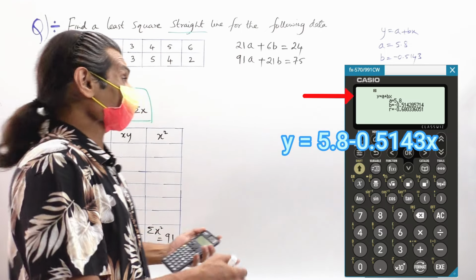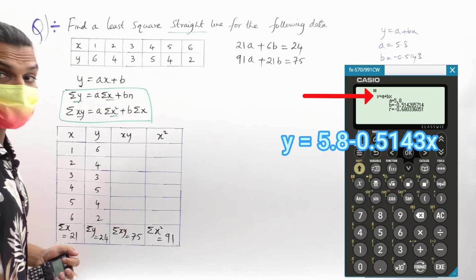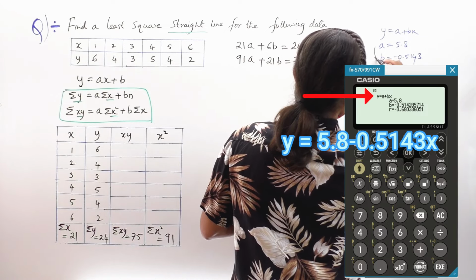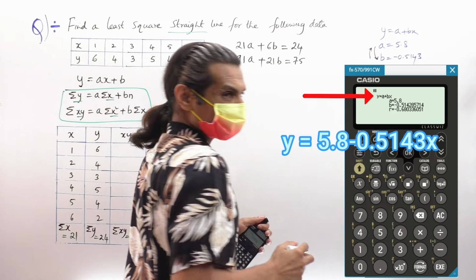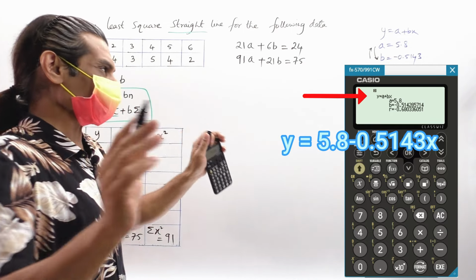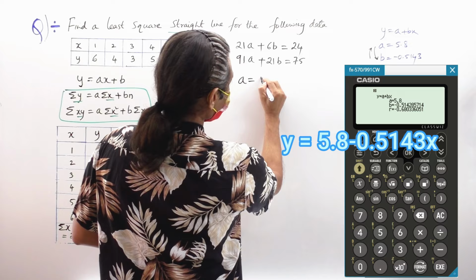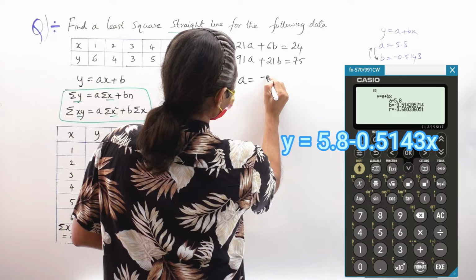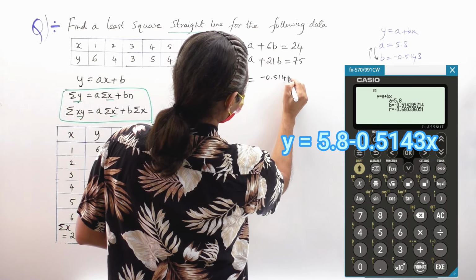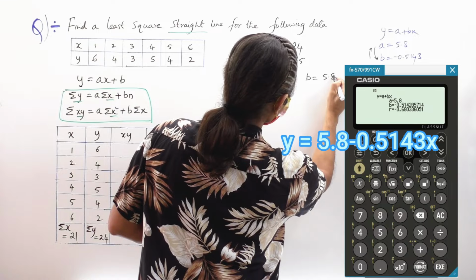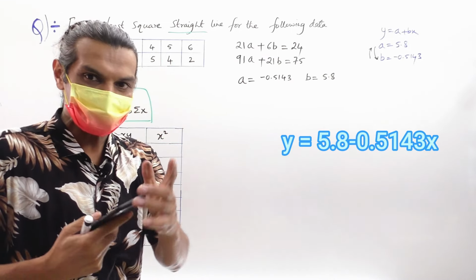But since you have taken y is equal to ax plus b, simply a will become b and b will become a. That's it. Therefore, by solving this, we have a is equal to minus 0.5143 and b is equal to 5.8.